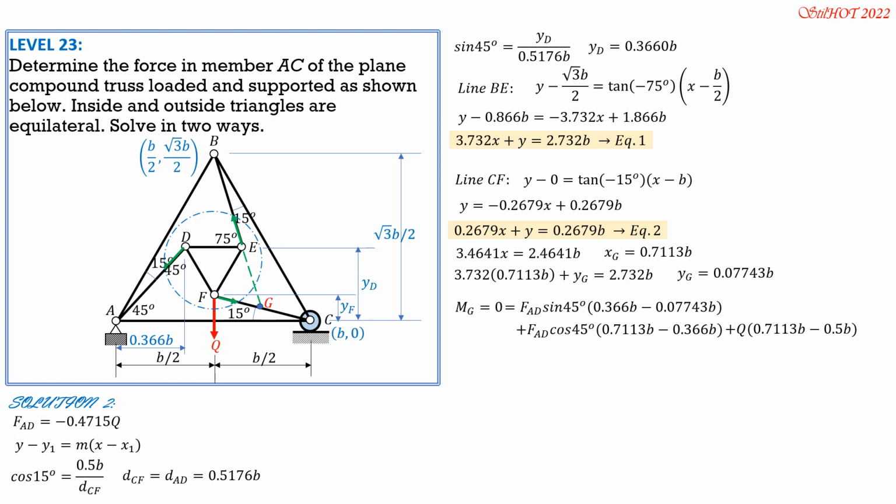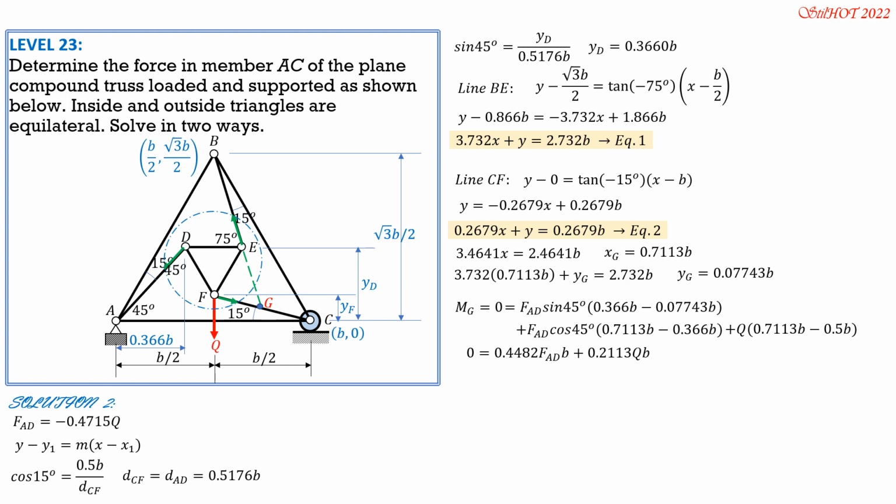Then that's it, because we only consider forces crossed by this circular cutting section. So from here, we can now solve for FAD. Don't mind the b because we can cancel it in terms of Q. So let's combine first for easy calculation.